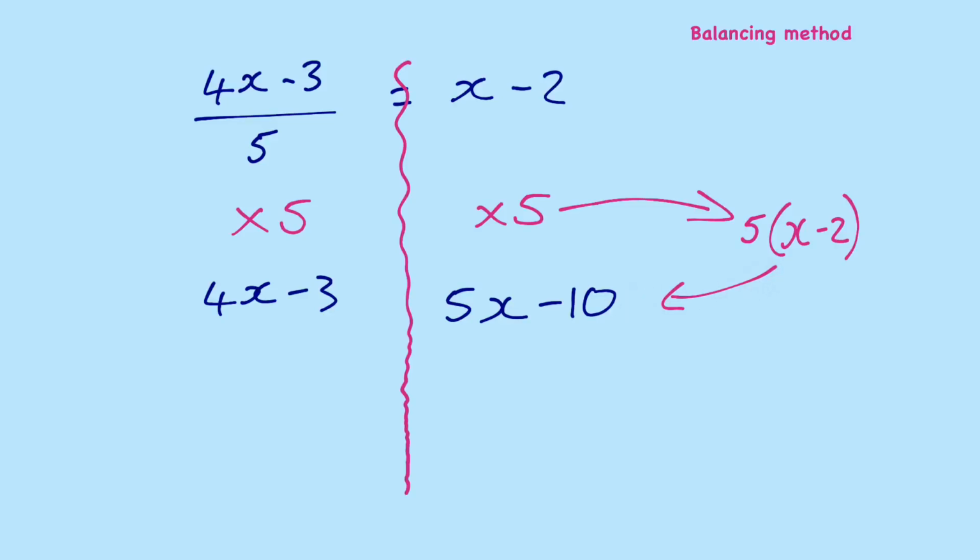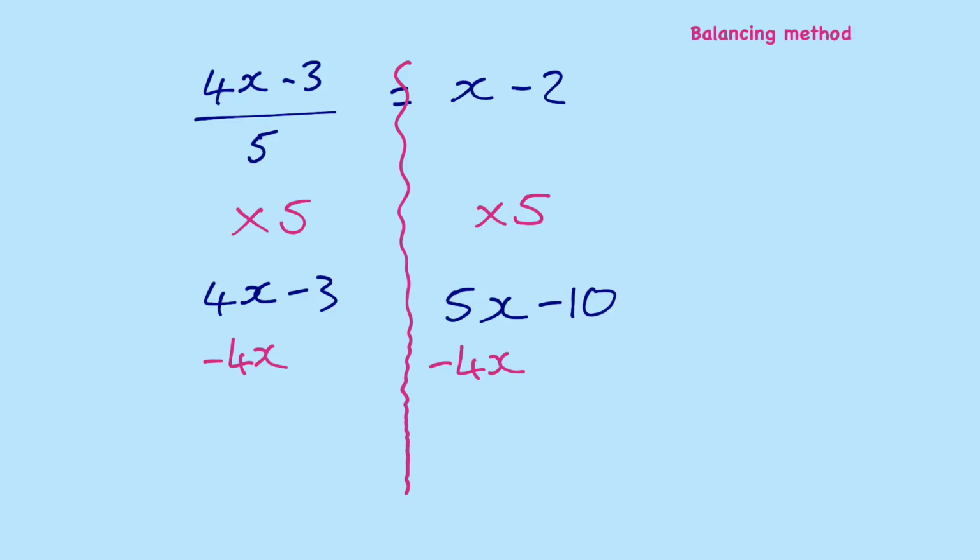So now let's look to see which side has the least amount of x's. This side here. So I want to get rid of the 4x, and to do that I will subtract 4x. And whatever I do to the left hand side, I will do to the right hand side. So subtracting 4x from both sides will give me minus 3 on the left hand side and x minus 10 on the right.